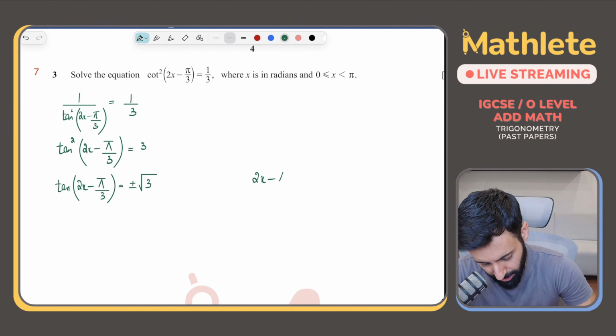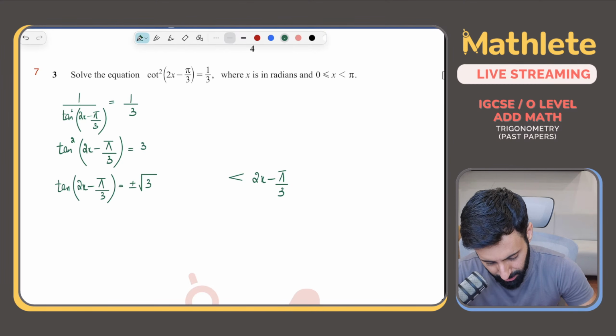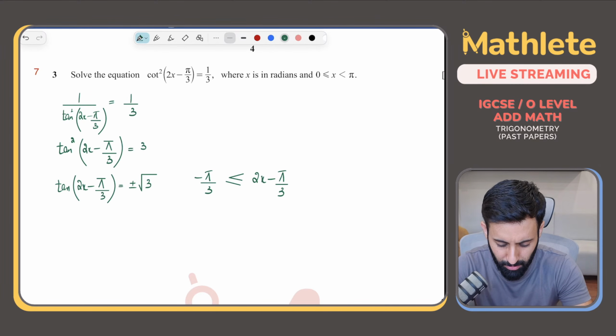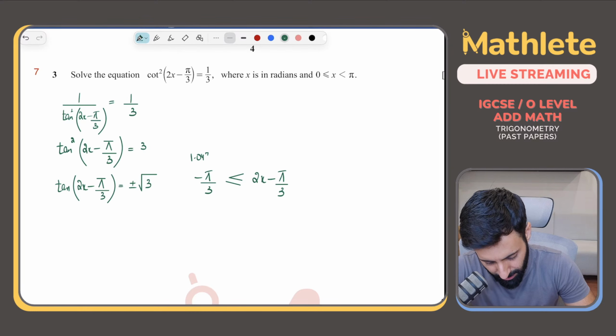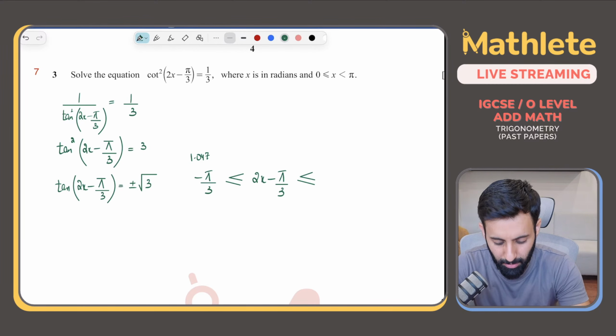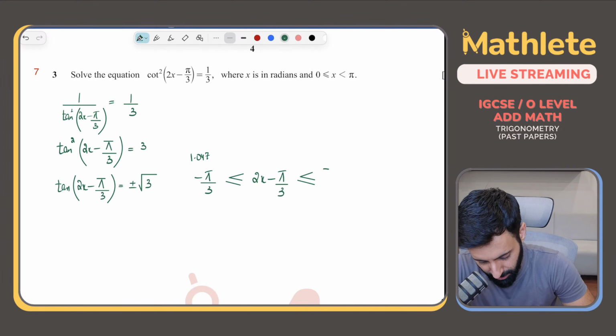So the new range will be 2x minus pi upon 3. So 2 into 0 is 0. 0 minus pi upon 3 is simply minus pi upon 3, the decimal value of which is 1.047 in magnitude, since pi divided by 3 is 1.047. And then pi times 2, that's 2 pi minus pi upon 3, that's equal to 5 upon 3 pi.